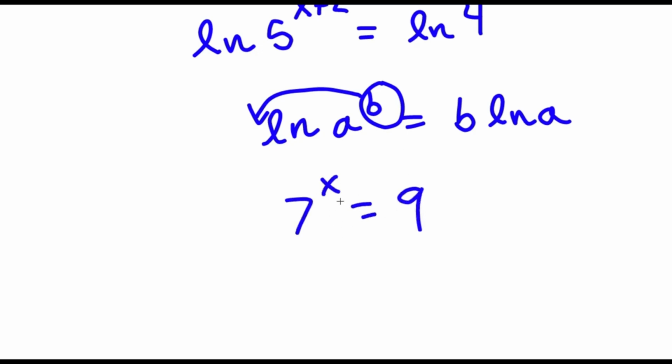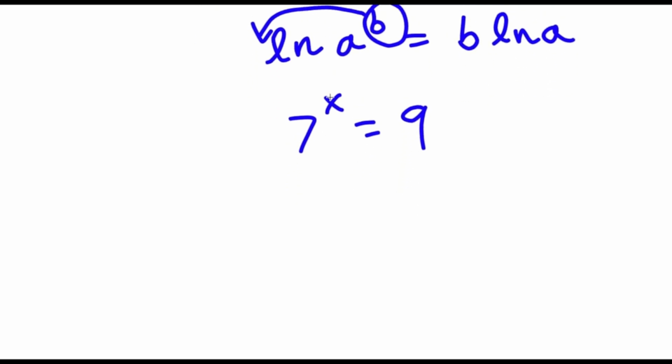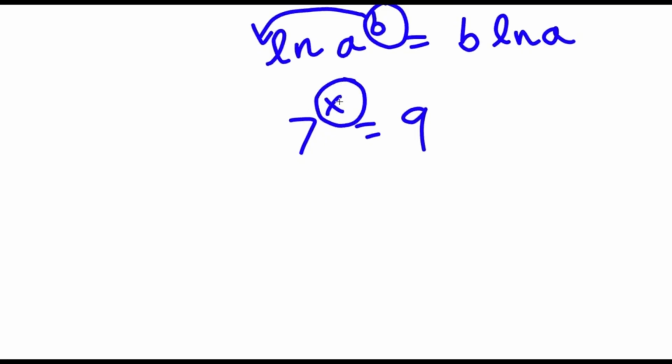Let's say we had this problem. So now, as you can see, x is an exponent. And it's going to be really hard to solve for x because we know it's going to be a decimal. Because if you notice, 7 to the power of 1 is 7, and 7 to the power of 2 is 49. So the value of x is going to be somewhere in between 1 and 2.